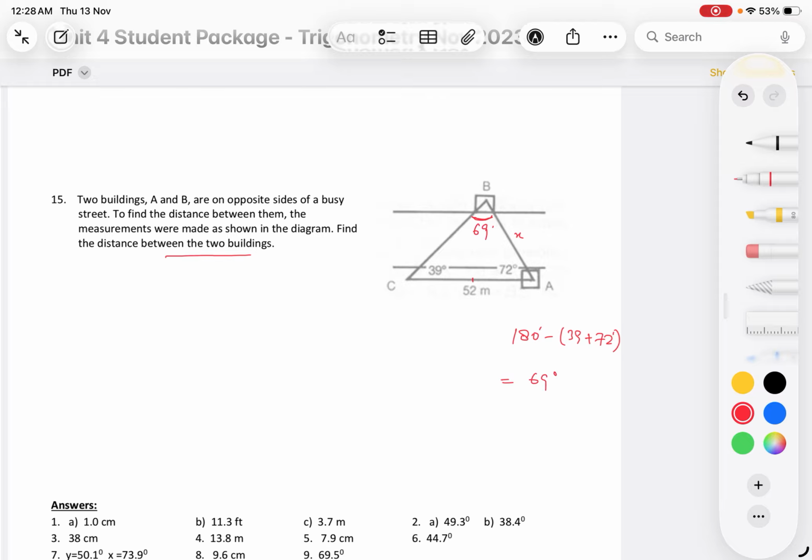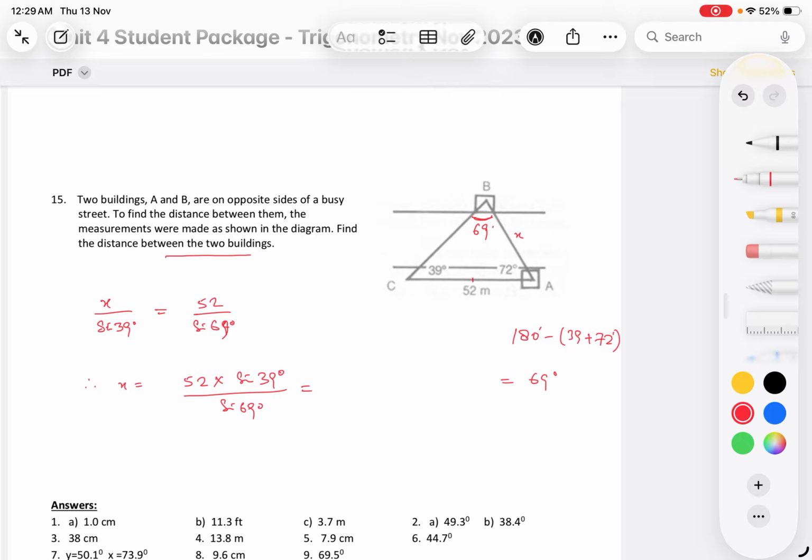I need to find x. So x over sine 39 degrees is equal to 52 divided by sine 69 degrees. Therefore, x is equal to 52 times sine 39 divided by sine 69 degrees.